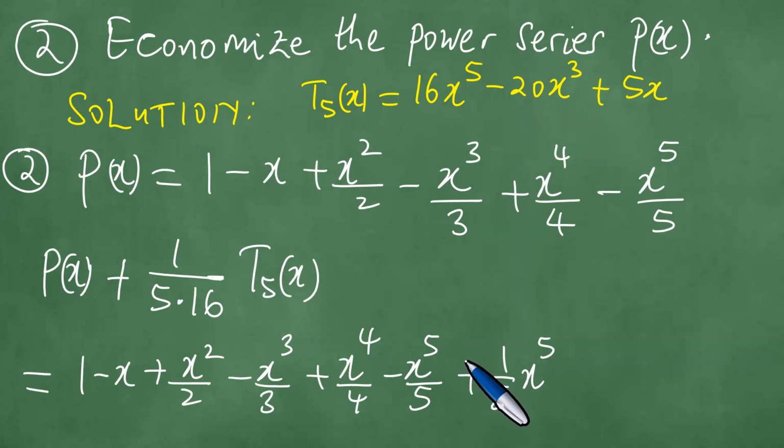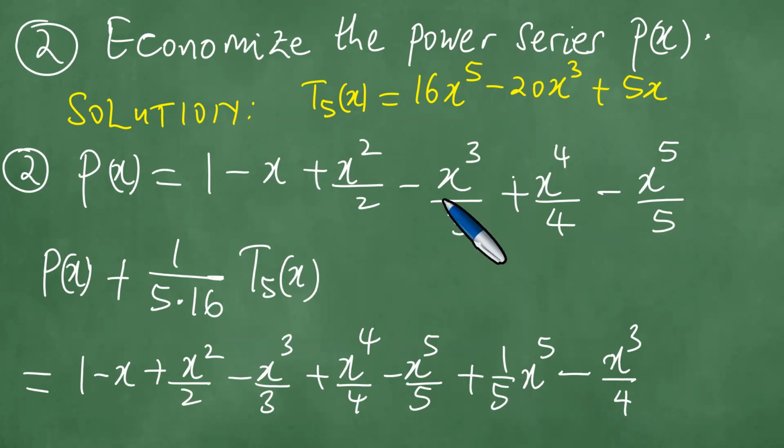So it becomes a 4. But obviously you're adding with this, so it's going to be exactly a minus x cubed out of 4.